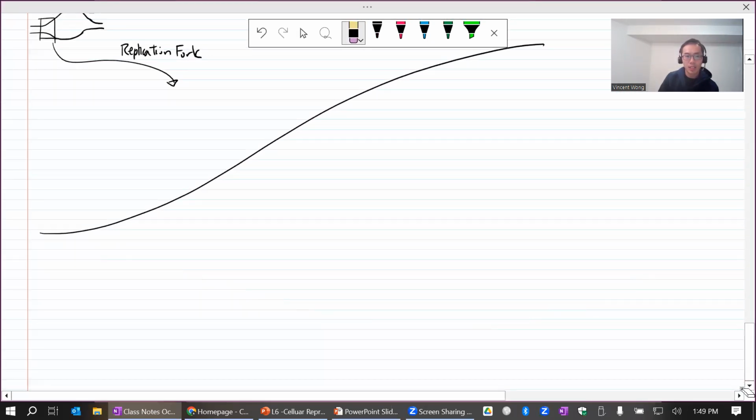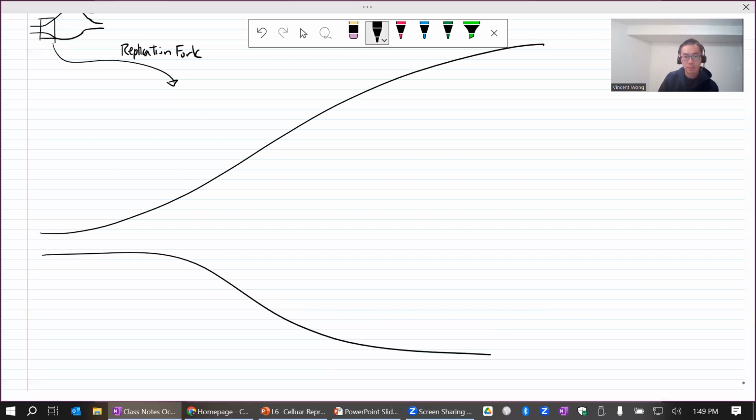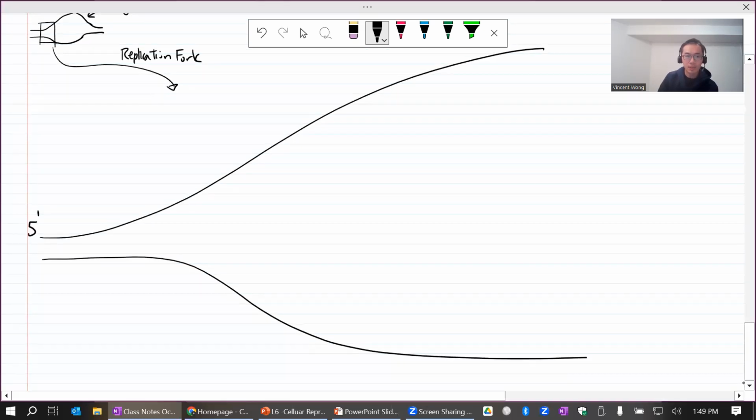Maybe, let me try that one more time. There we go. So we know it has some directionality to it. So I'm gonna put 5' here and 3' here. And then the other one is 3' to 5'. Right? They are anti-parallel, so the numbers are opposite, right?